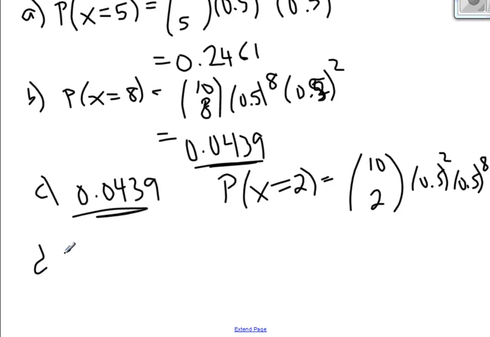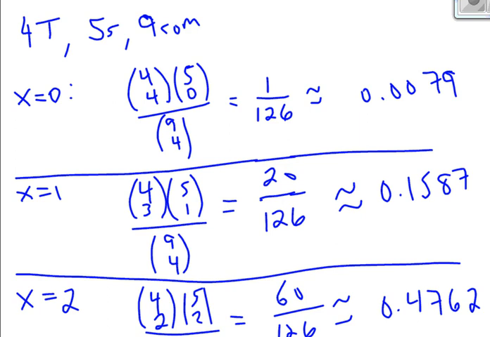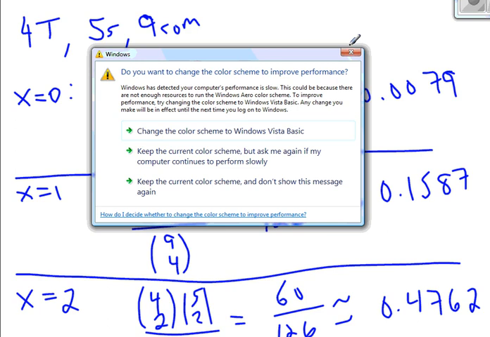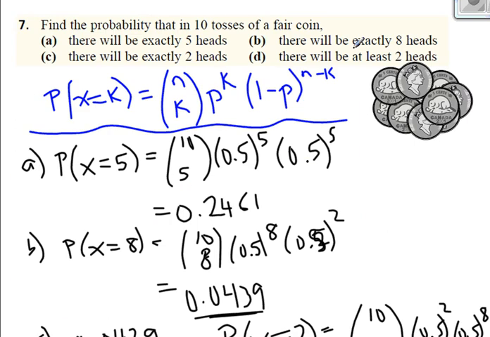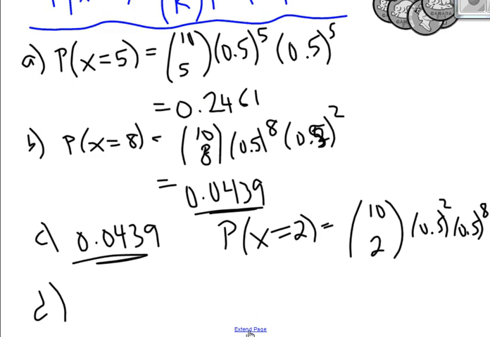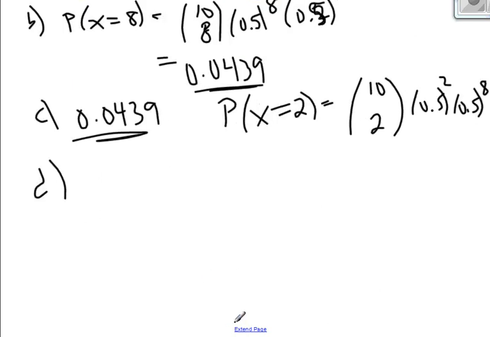So D says, the probability that there will be at least 2 heads. Now, again, do not be tempted to use the normal approximation. First of all, it's not possible because the expected number of successes is not greater than 5.